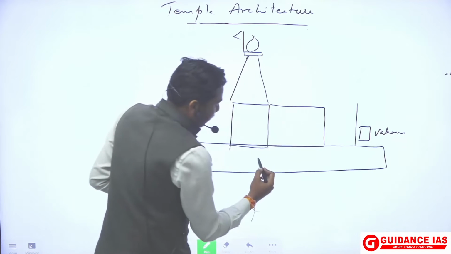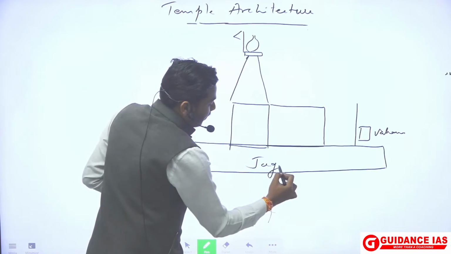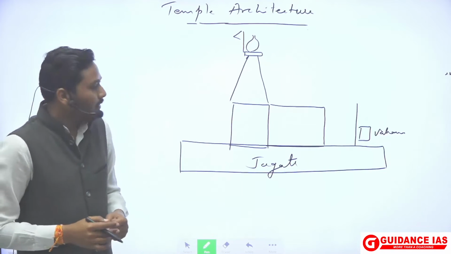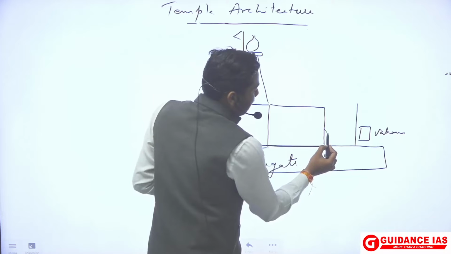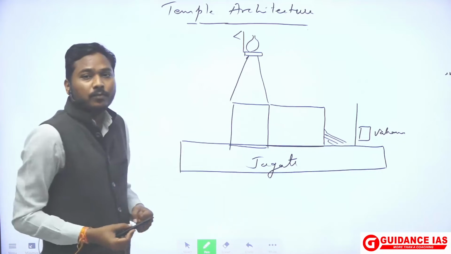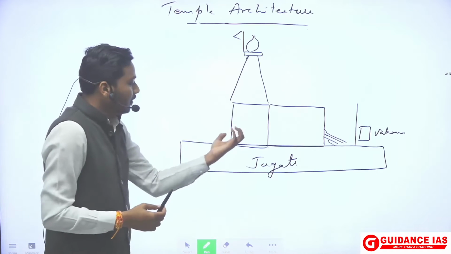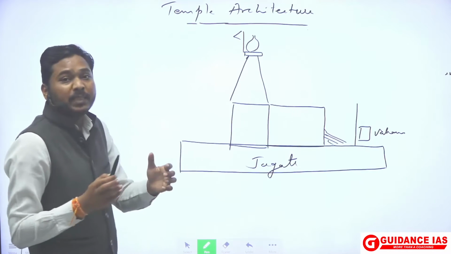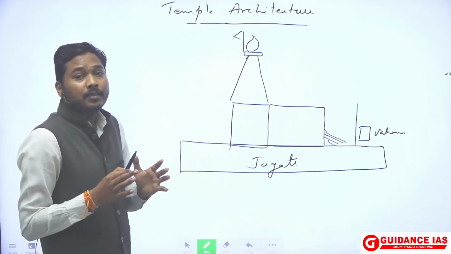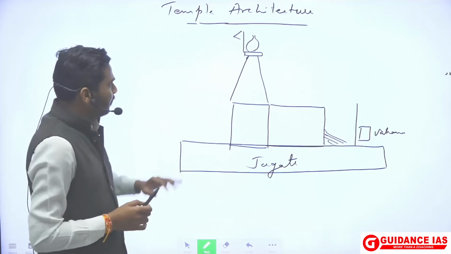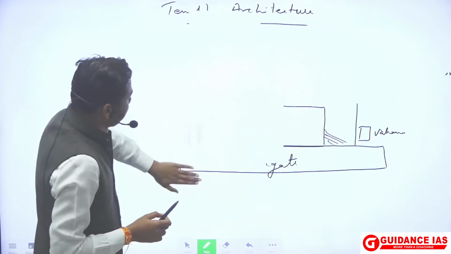This platform is called Jagati. Now it is clear, and there are steps connected to it so that people can climb the steps and worship their god. So that is what the basic elements of every single temple constructed in India are. Clear?